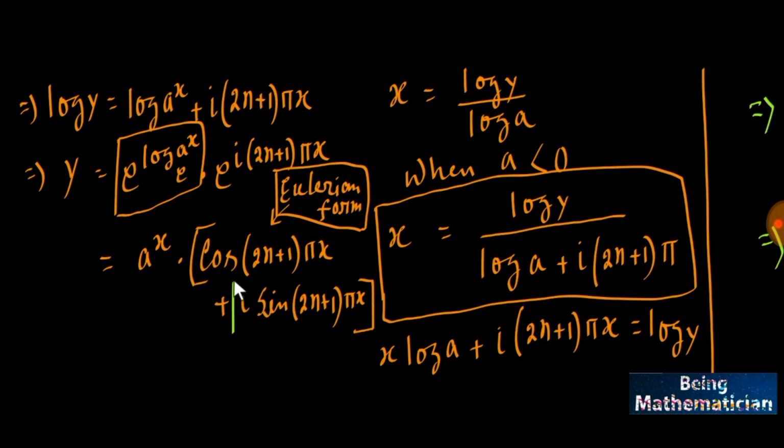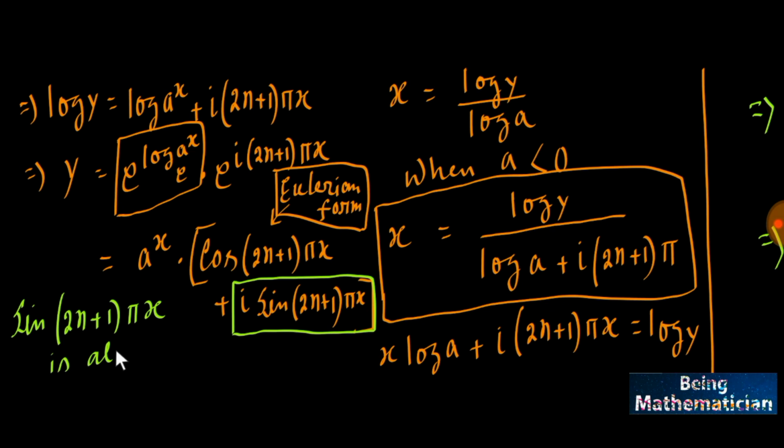Now look at this part of this equation: sine (2n plus 1) into pi x is not always 0 for any real x.